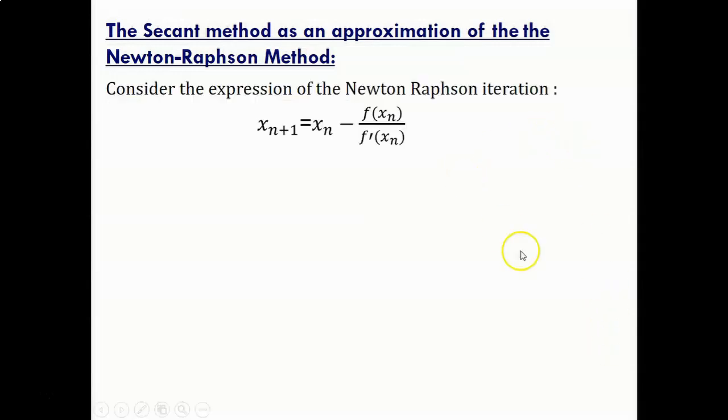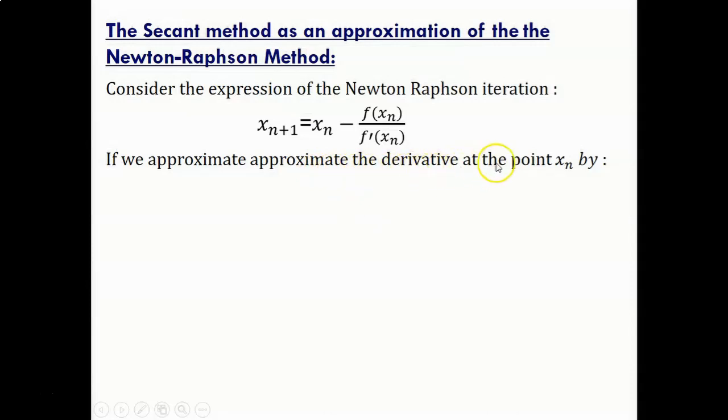Now, as I said, the secant method can be seen as an approximation of the Newton-Raphson method, and I will prove that. Let's consider first the expression for the Newton-Raphson iteration: xn+1 is equal to xn minus f of xn divided by f prime of xn.